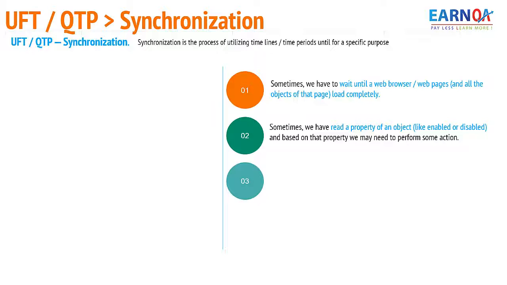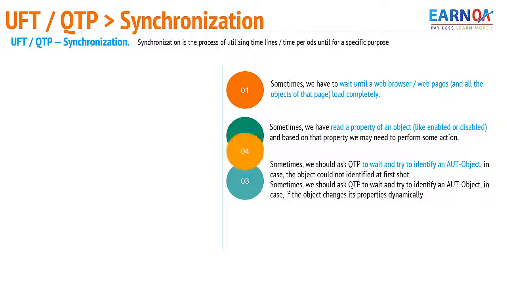Sometimes we want to wait and retry an object if it is not found at the first instance. Sometimes we want to validate a certain property of an object that keeps on changing dynamically. There are so many circumstances. Sometimes we want to see whether a pop-up loads successfully.